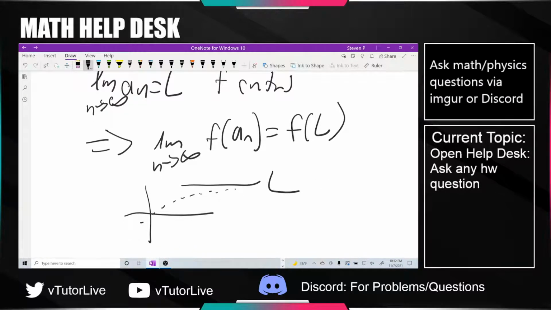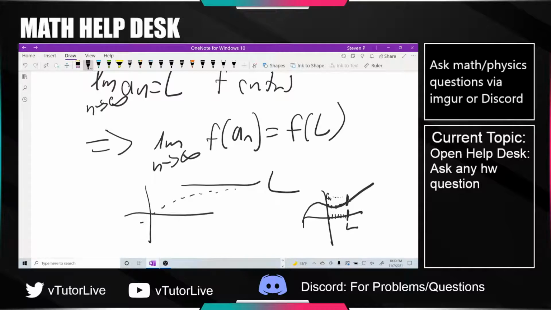Sorry, I'm just going to draw a separate function f. So if this is your function f, and this is your point L, this is basically saying if you have a bunch of points like a1, a2, a3, a4, a_n, and these are your points f(a1), f(a2), f(a3), f(a4) on this line, then you can just ride the function until you get to the limit.